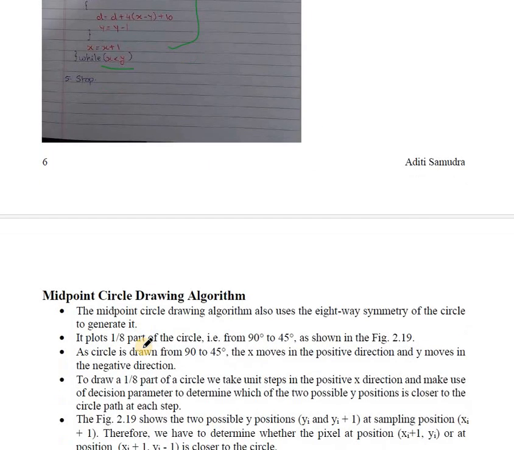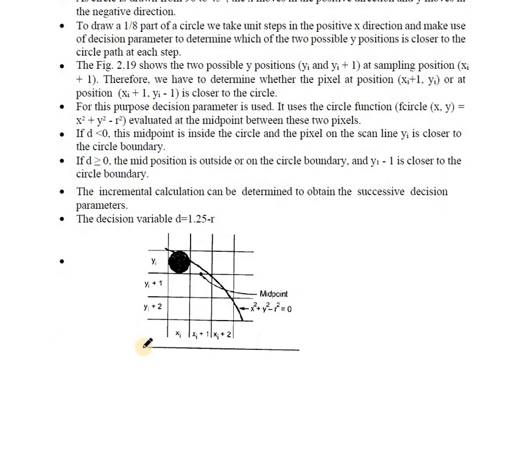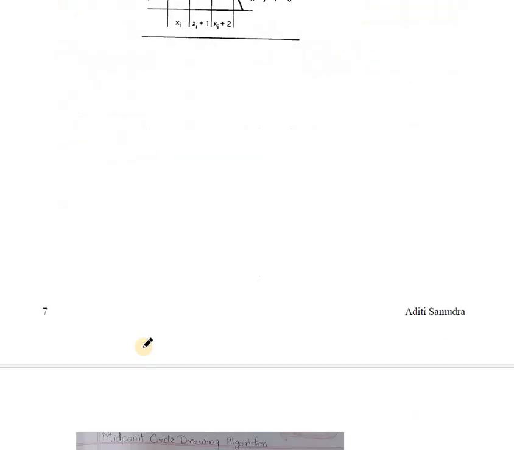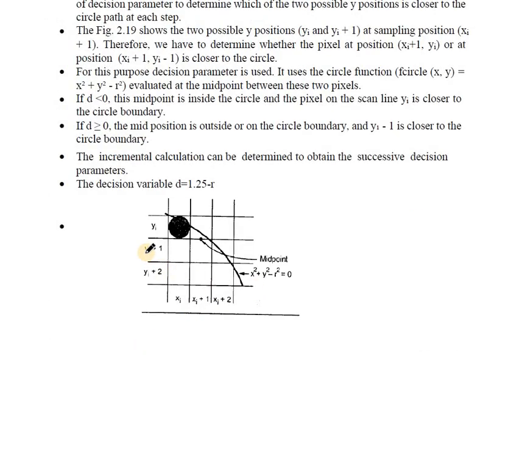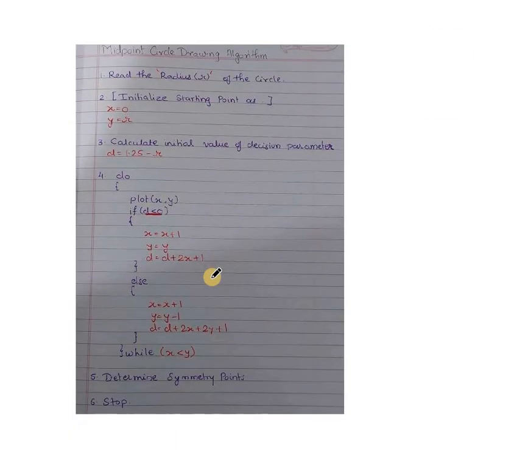Now, the last algorithm that we have is the midpoint circle drawing algorithm. The difference between the midpoint circle drawing algorithm and the Bresenham algorithm is the reference point that we consider. If we are considering the midpoint as the reference point, then it becomes the midpoint circle drawing algorithm. Now, what is the algorithm?